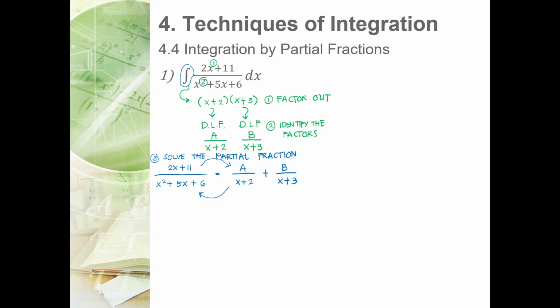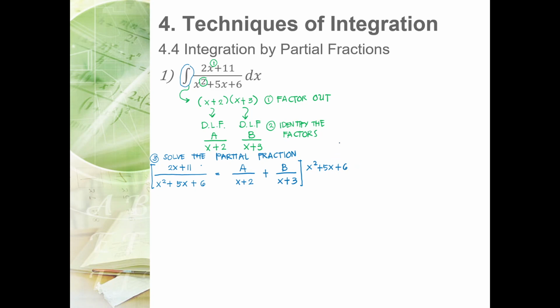The next step is to eliminate the fraction so that we can have an easier view of the equation. By doing this, we're going to multiply by the LCD, or the denominator on the left side of the equation, that's x squared plus 5x plus 6.